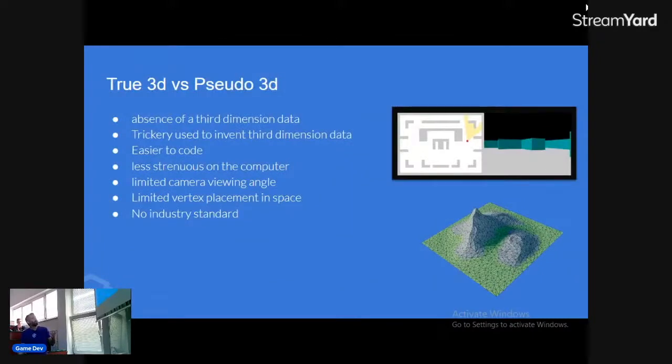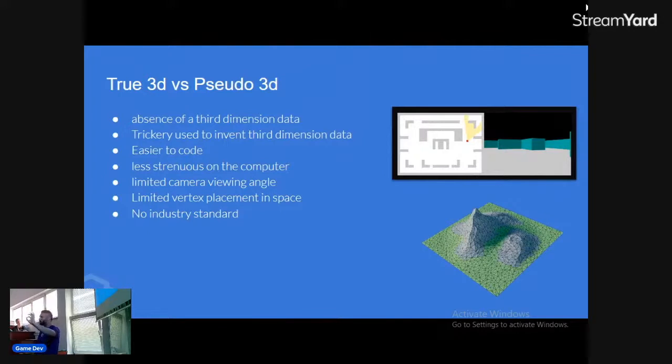Now, what are the differences then between pseudo 3D and true 3D? Well, this is a nice example here. You've got pseudo 3D on the top and true 3D on the bottom. On the bottom, you've got a mesh, a real 3D mesh made of points in space that make up this nice little mountain. And each point, you can imagine that it has an X value, a Y value, and a Z value.